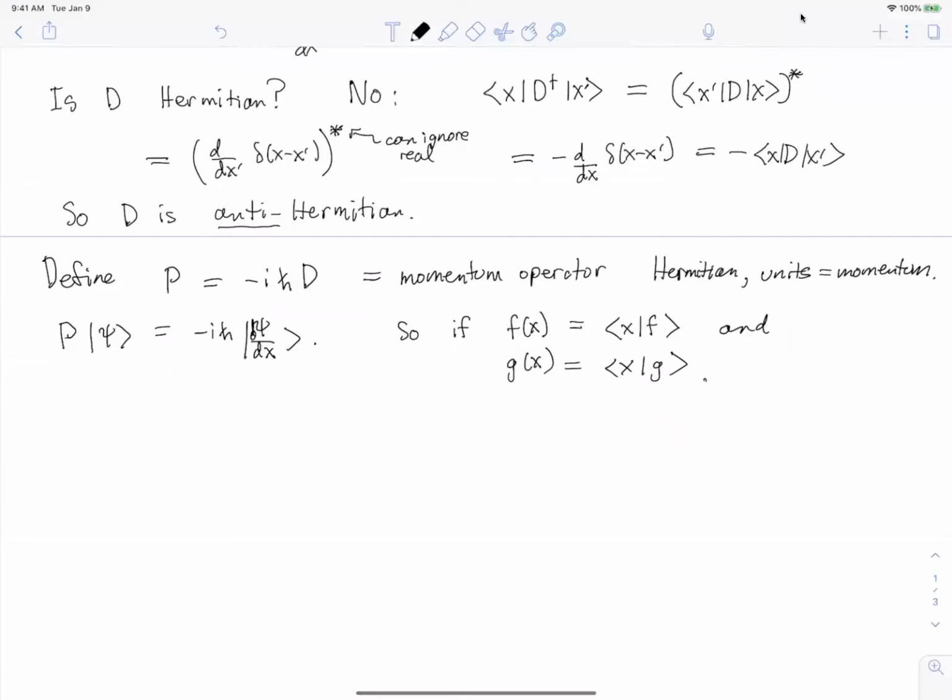Then, if I look at the matrix element of ⟨g|P|f⟩, the bra g, the operator P, the ket f, then by completeness, this is the integral from a to b dx of g of x, ⟨x|P|f⟩. Okay, so here, as usual, we've used completeness.